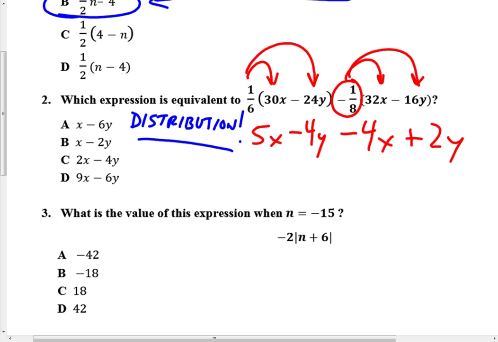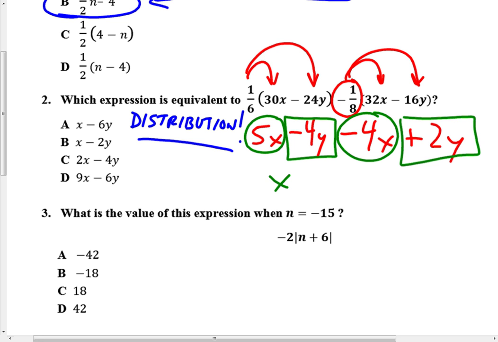Positive 2y. Now it's just like terms. I can combine 5x and minus 4x and get what? And then I have a 4y that's negative and a positive 2y. You're going to get a negative 2.